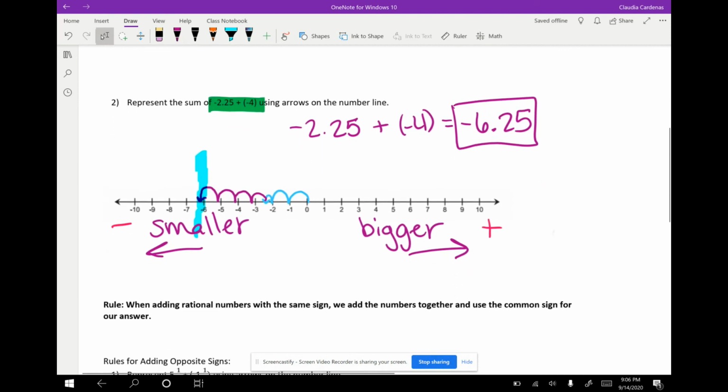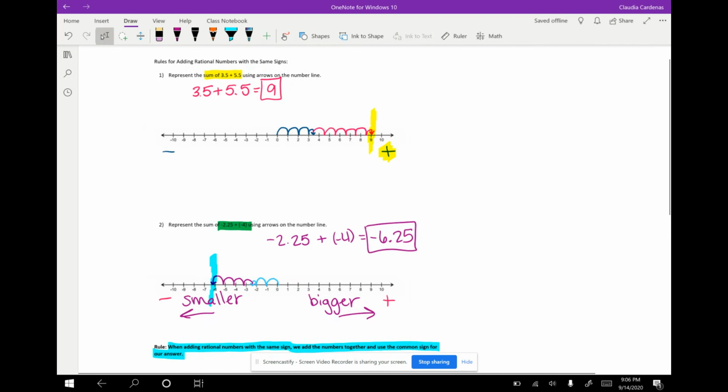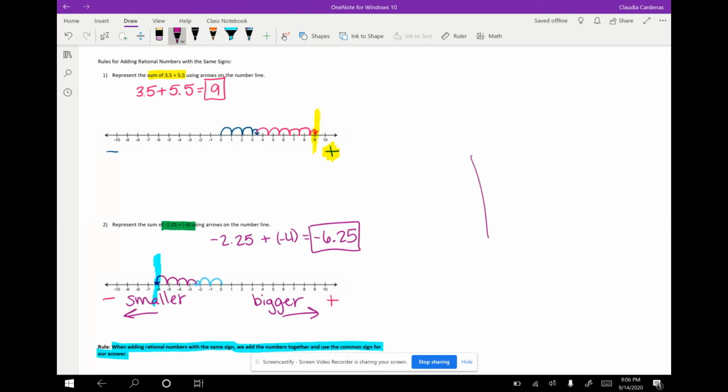So I want to stamp this rule as you write this down. When adding rational numbers with the same sign, we add the numbers together and use the common sign for our answer. Okay, you may have seen this in sixth grade with a tic-tac-toe chart, right? And so we know with tic-tac-toe, we want three X's in a row.